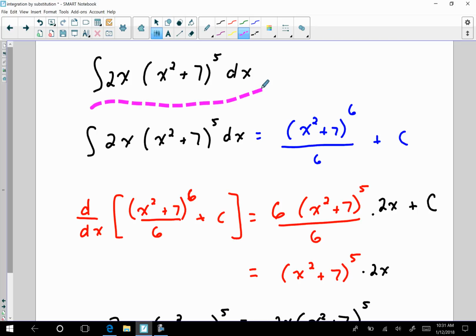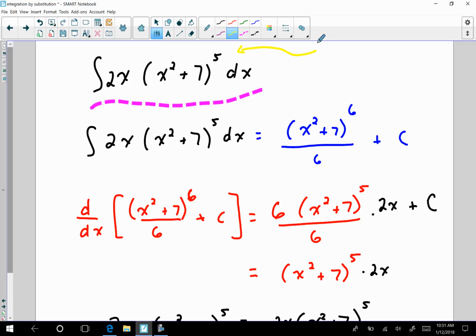So let's do another guess and check. If I have the antiderivative of 2x times the quantity x squared plus 7 to the 5th power, I'm not going to multiply this rascal out. Oh my goodness gracious, it would take forever. I could come up with a polynomial and anti-differentiate the pieces, but who wants to take x squared plus 7 to the 5th power? No one, that's who.